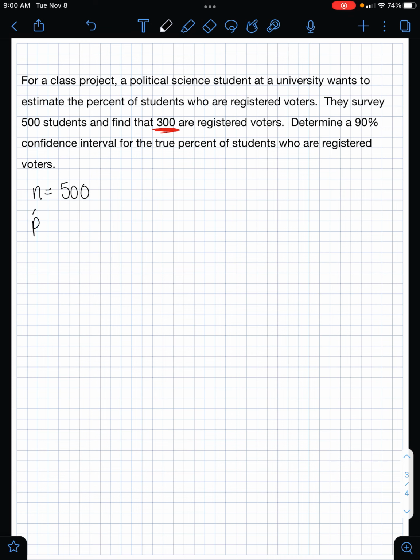So that means that our sample proportion is the number of successes over the sample size. Now, by extension from that, we can find q hat as well. The idea is that p hat and q hat should always sum to 1, because p hat is the proportion of successes and q hat is the proportion of failures.